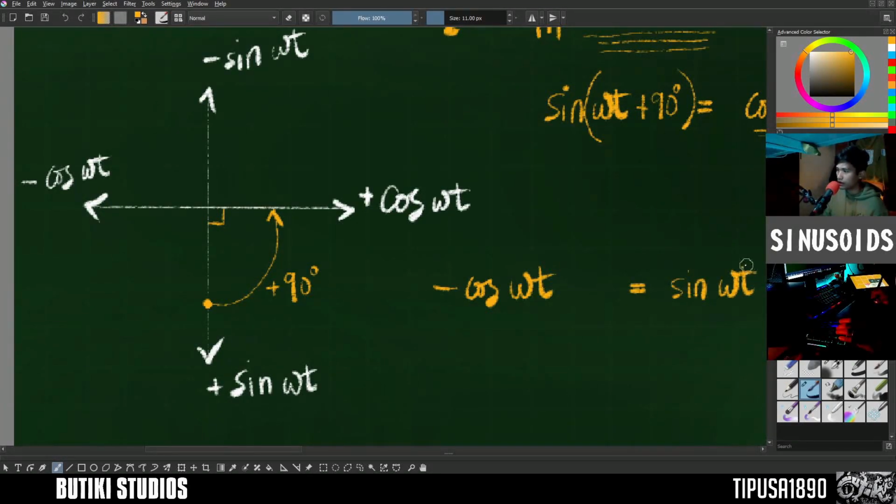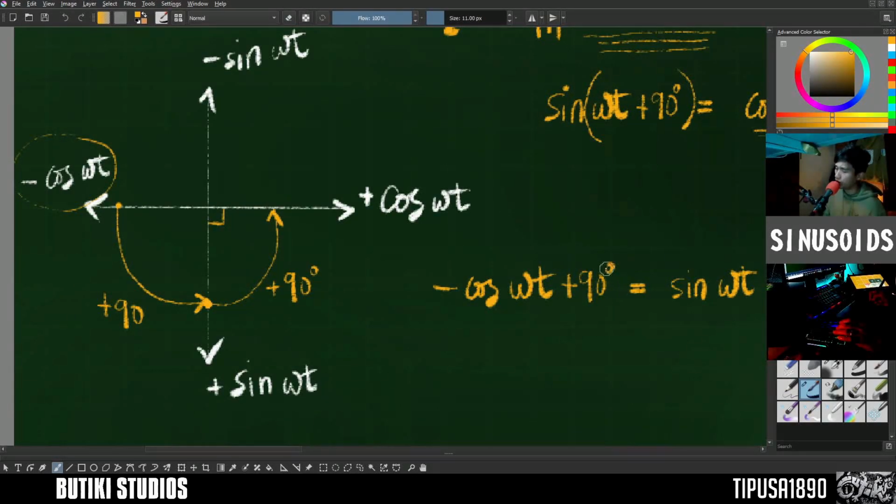Omega t. But for your negative omega t, para mahimo siyang positive sin omega t, counterclockwise pa, diba? So mag plus pagyapon ta og 90. So ang imong negative cosine omega t, kanang argument dia plusan pa nato og 90 degrees.